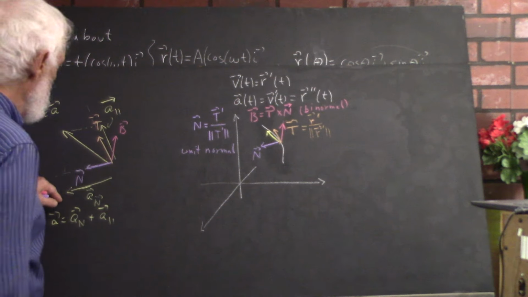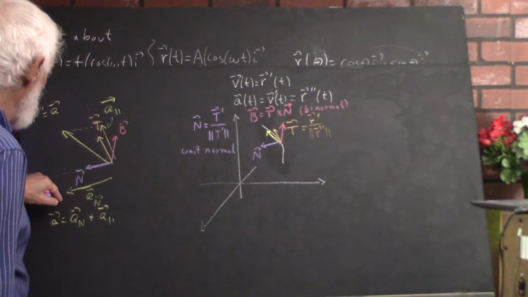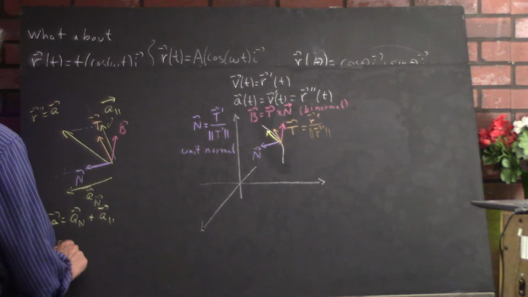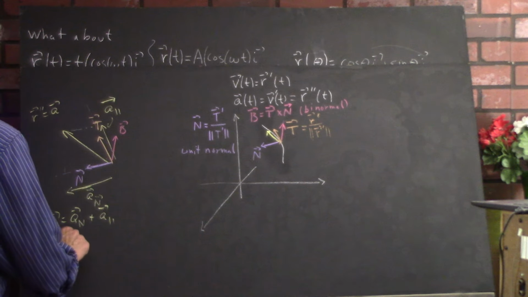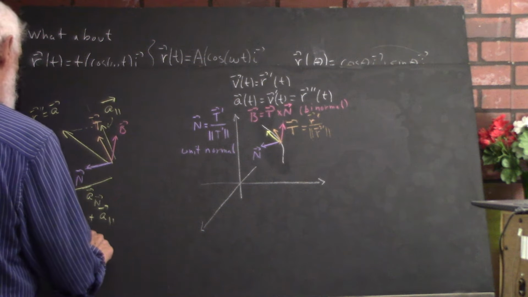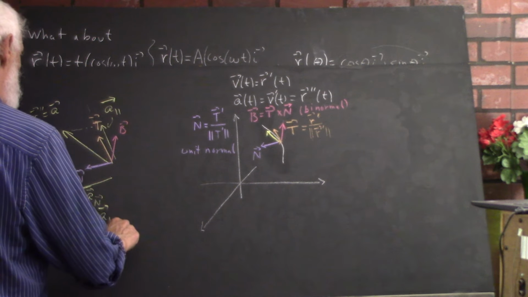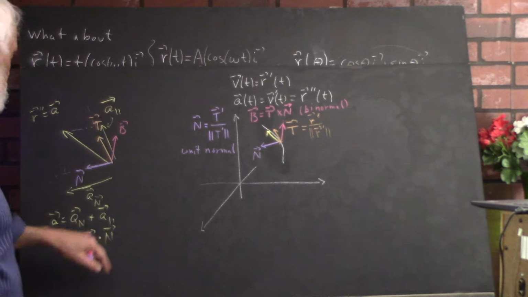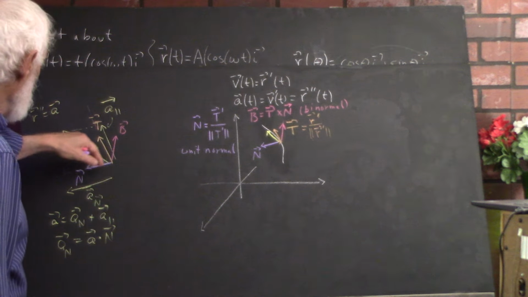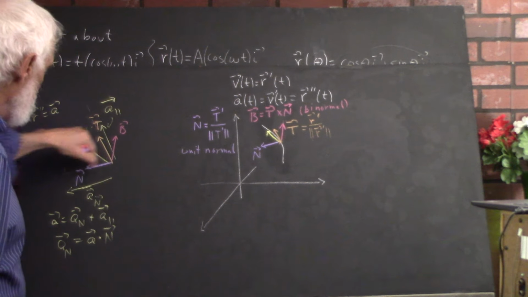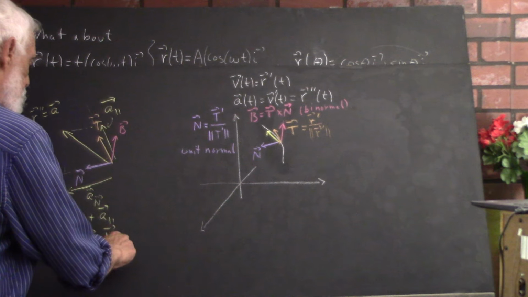And the magnitude of these components is just A dotted with N. That's going to be the projection of your A vector on N because of the definition of dot product.